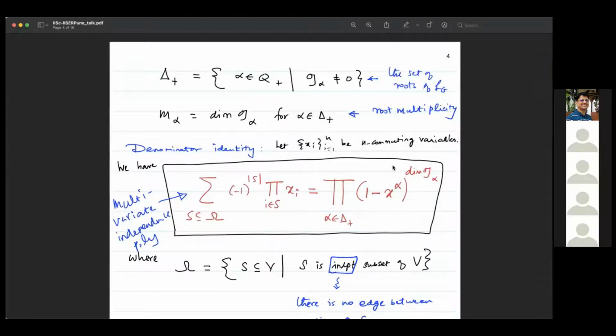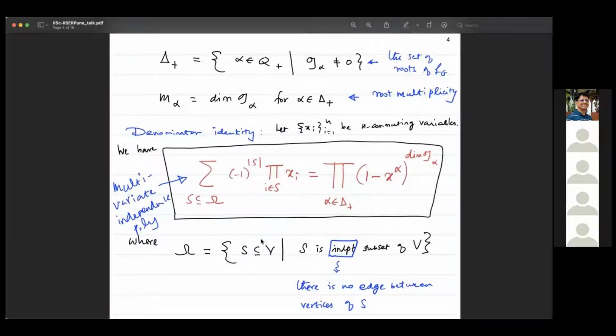Which says if you take this product side, the product of 1 minus x power alpha, to the power dimension g alpha, that will be equal to this sum side, which is much easier to compute for a given graph G. This is nothing but the multivariate independence polynomial, for each independent set S. What is an independent set?